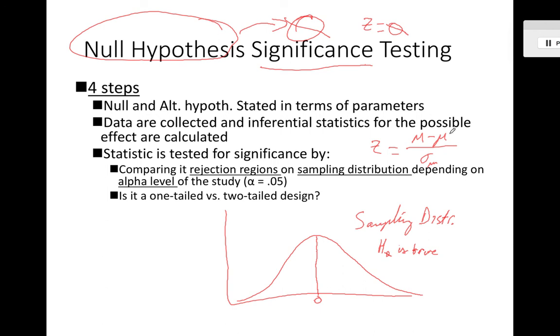Thus, my group average should be equal to 80 in this example. So here, z, the difference between my group average and the population average, would be equal to 0.